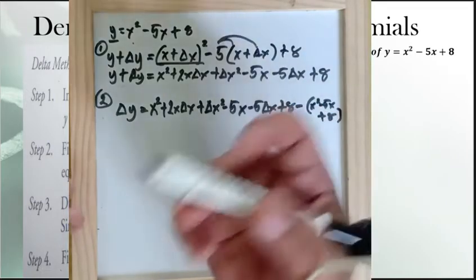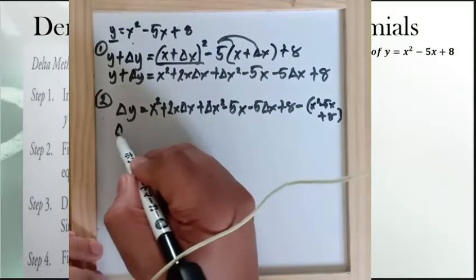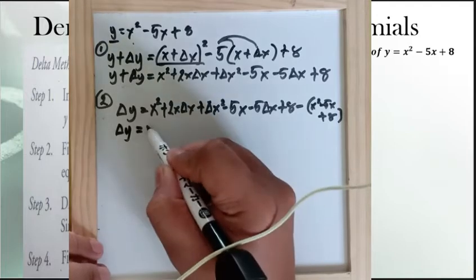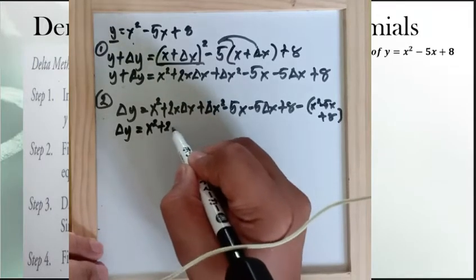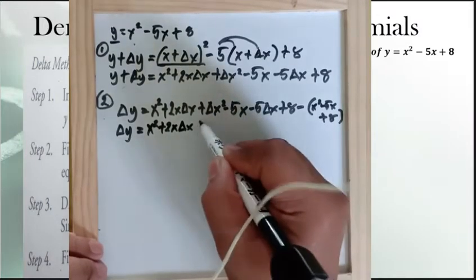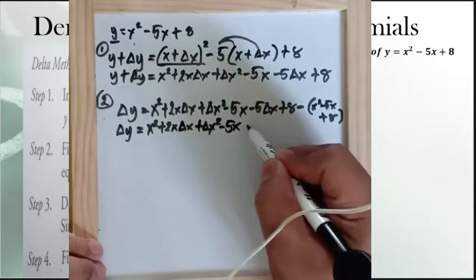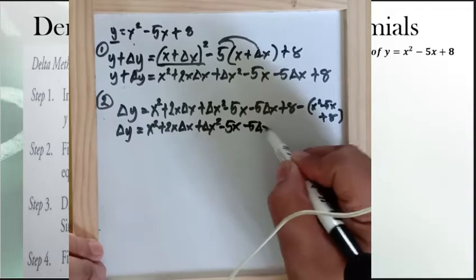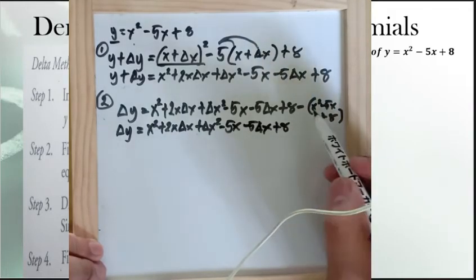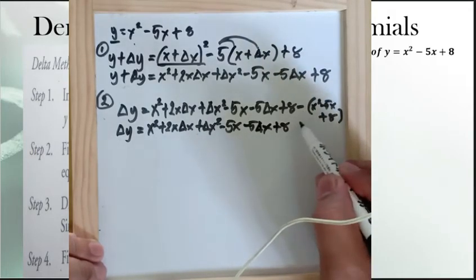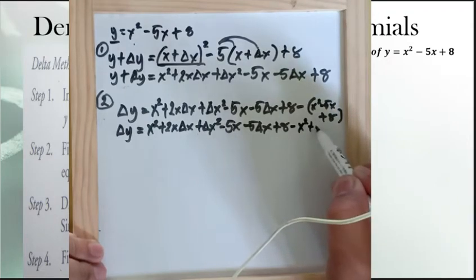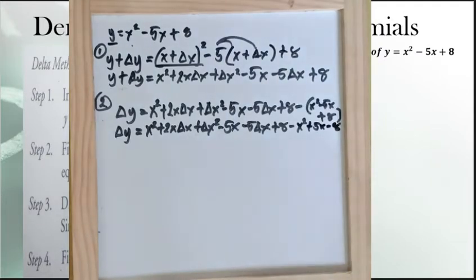Okay, now let's simplify. So copy your delta y is equal to x squared plus 2x delta x plus delta x squared minus 5x minus 5 delta x plus 8. Distribute that negative sign inside the parentheses. We have negative x squared, positive 5x, minus 8. Then we will combine like terms.